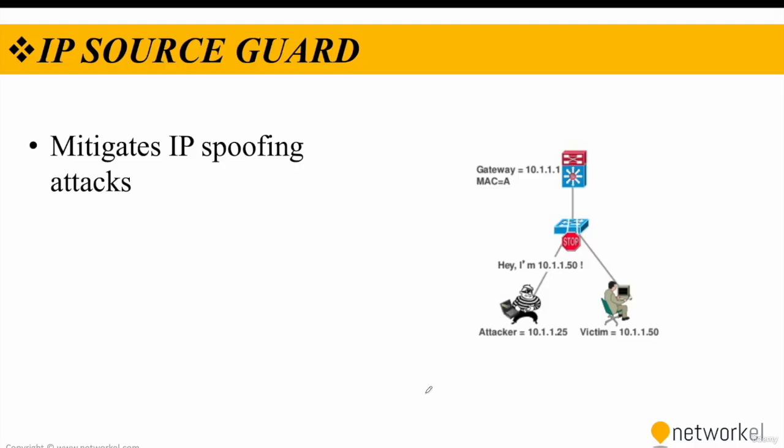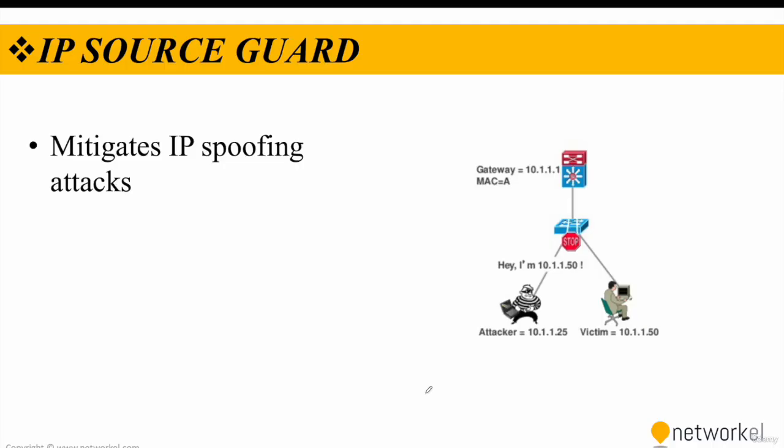So how does it work? First of all, IP source guard relies on IP to MAC address bindings to verify the legitimacy of the source IP address of the packets. These bindings are typically learned from DHCP snooping or can be manually configured.